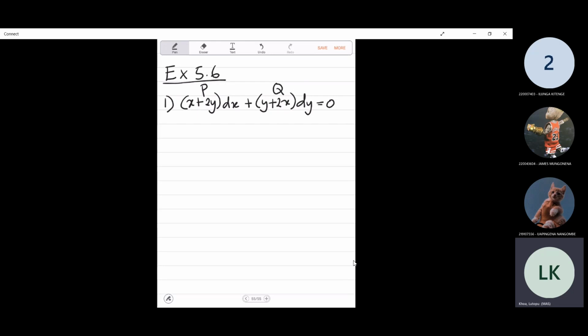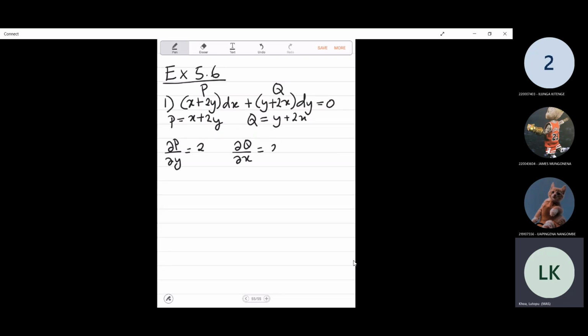Check and see that it is in fact exact. So I will differentiate p partially with respect to y. The answer is 2. I'll differentiate q partially with respect to x.